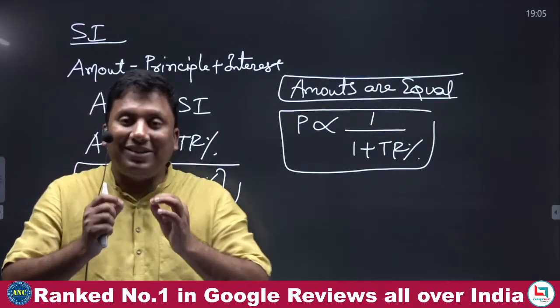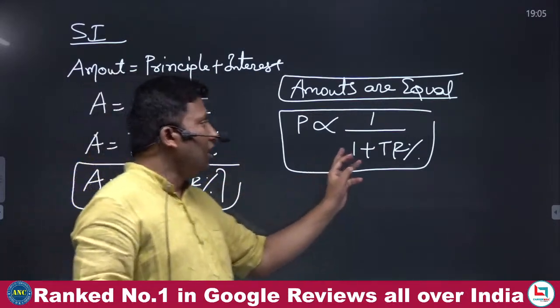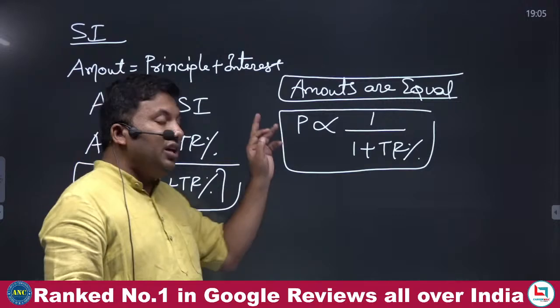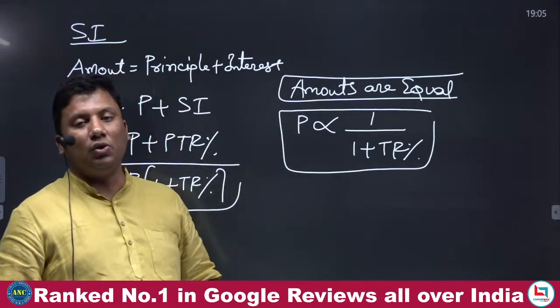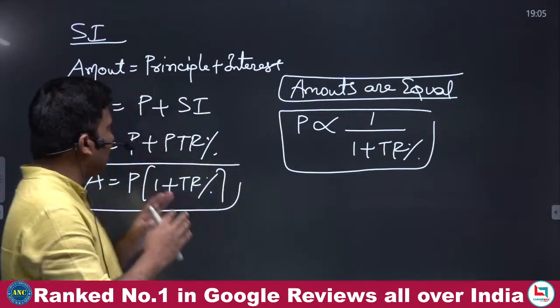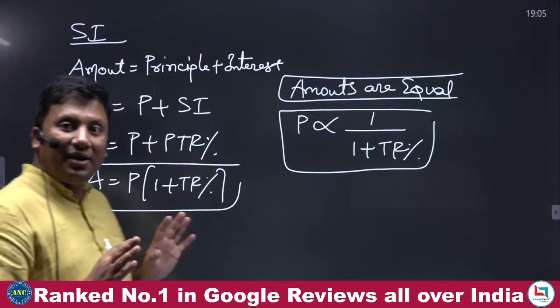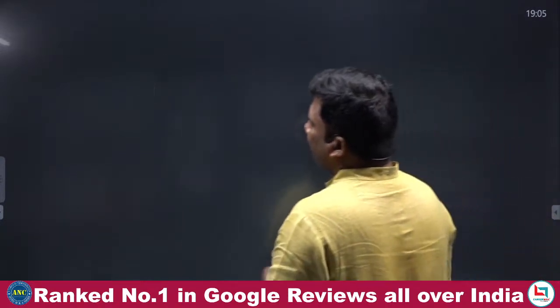If the simple interests are equal, then principal is inversely proportional to TR percentage. If the amounts are equal, then principal is inversely proportional to 1 plus TR percentage. I hope this concept is clear. Now another third key point.